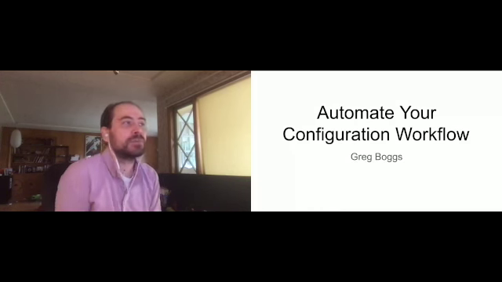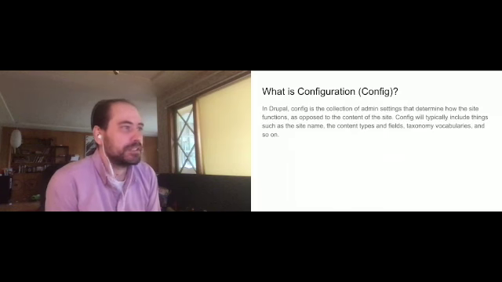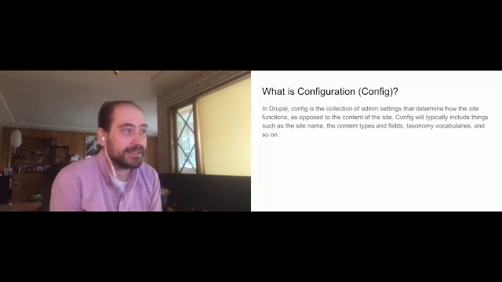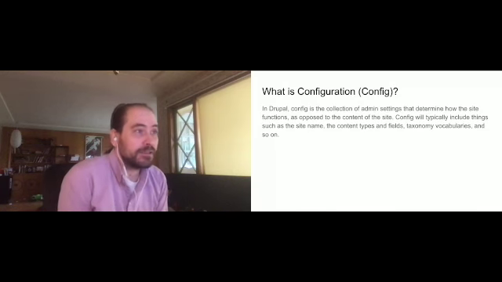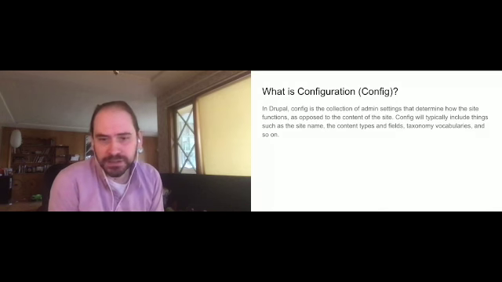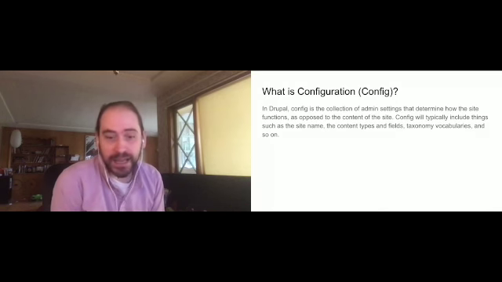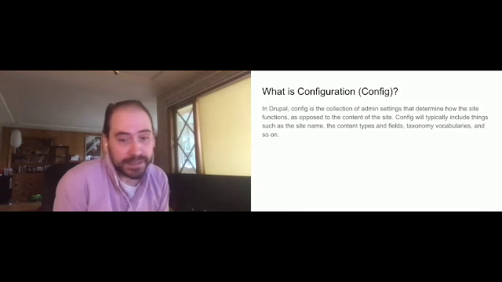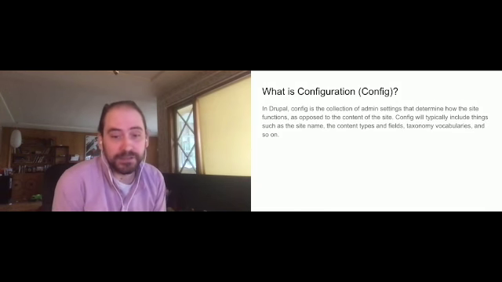So first, what is configuration? As the slide says, configuration is a collection of settings that determine how the site functions, and that's different than content. Content is not configuration.